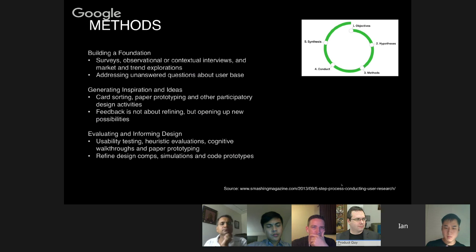And then once you get in the design process, it's very easy to put it off, but you really want to get into sharing the prototypes, some of these participatory activities, and then just not sweat the feedback. Especially when you're in the paper prototype stage, it's not about refining.